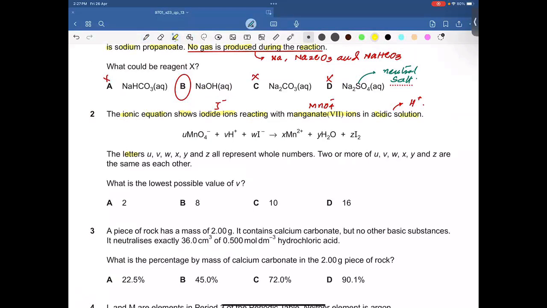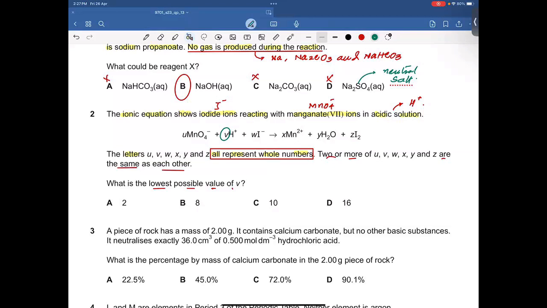The letters all represent whole numbers. That's a very, very powerful point. So all letters show whole numbers. Two or more are the same as each other. What is the lowest possible value of V? So the examiner is asking for this value.